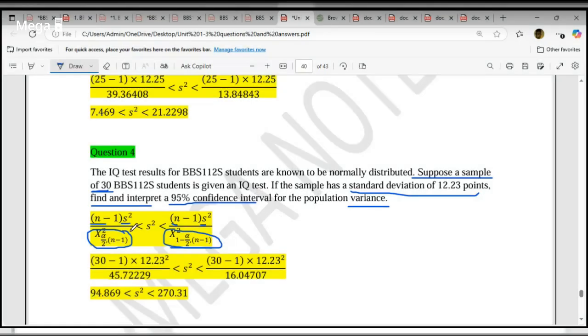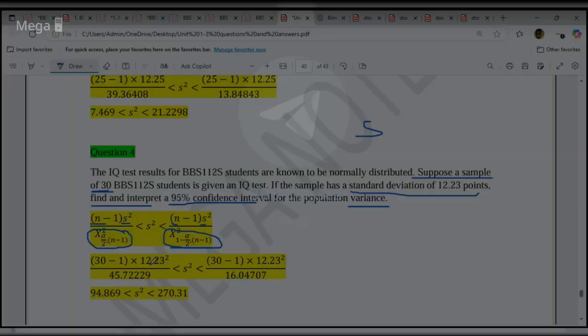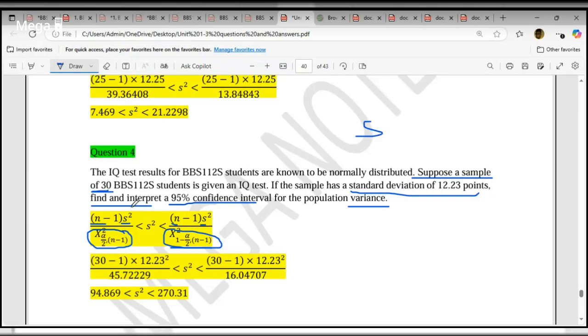Here we have to square because we are given the standard deviation, and remember, standard deviation is s. So 12.23 squared for that part, and it's the same on both sides. I don't think that is an issue with anybody. So it's 30 minus 1 times 12.23 squared on both sides.